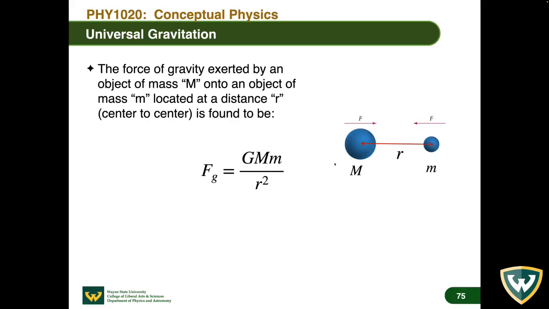The direction is reversed, and the magnitude is some constant, the so-called universal gravitational constant, or sometimes we call it big G, times the mass of one planet, times the mass of the other planet, divided by the square of the distance that separates them. The distance is measured from center to center.